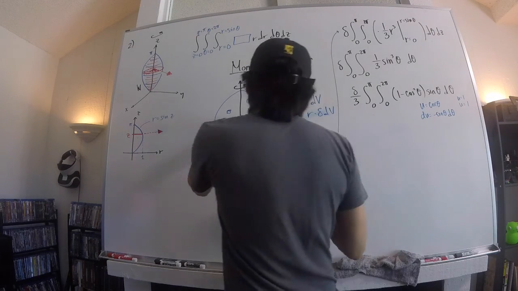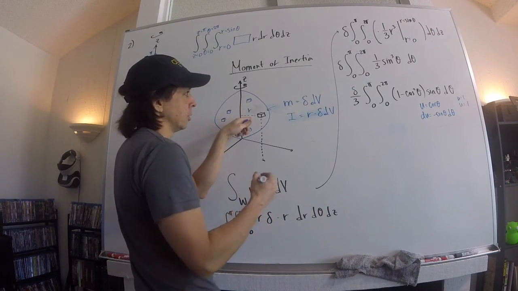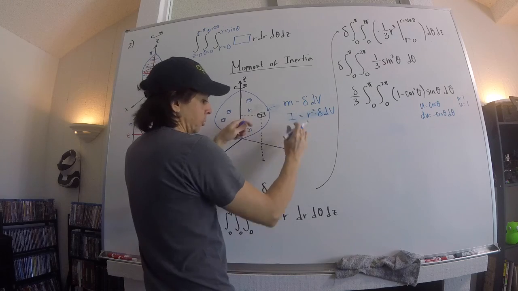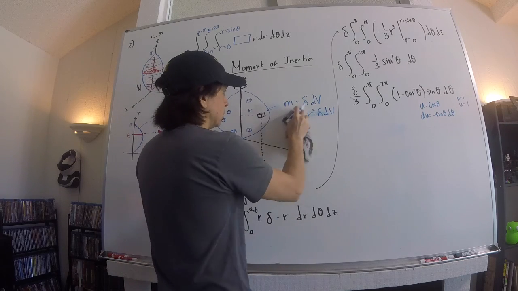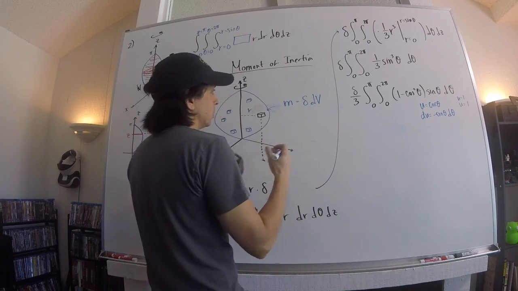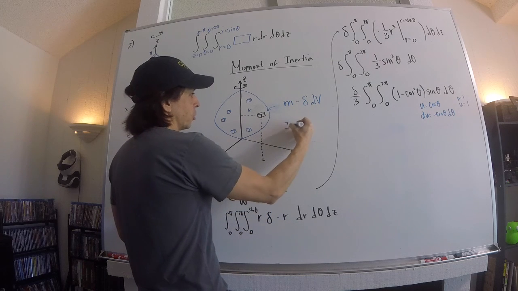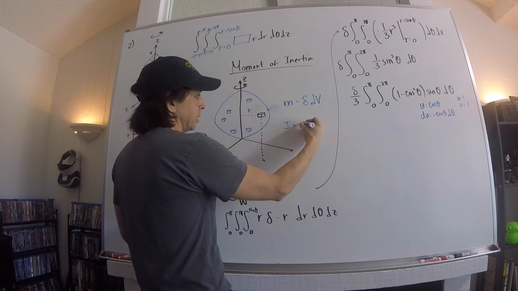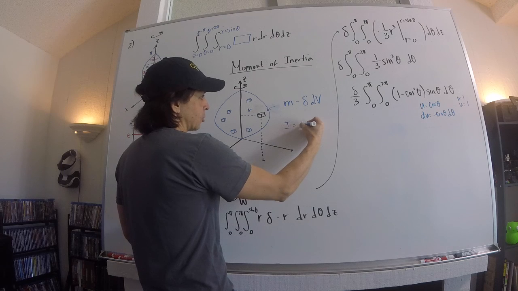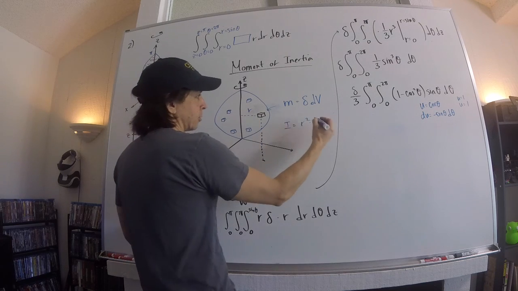I just said it was r squared times your mass, and I forgot to square it. So once again, let me backtrack. The moment of inertia is given by the radius squared, the distance squared, times your mass.